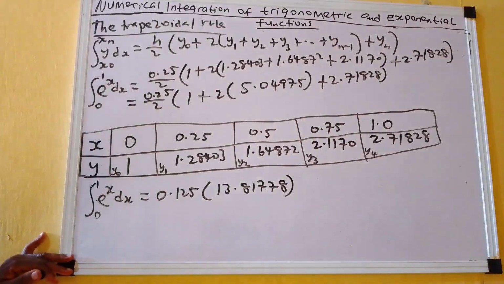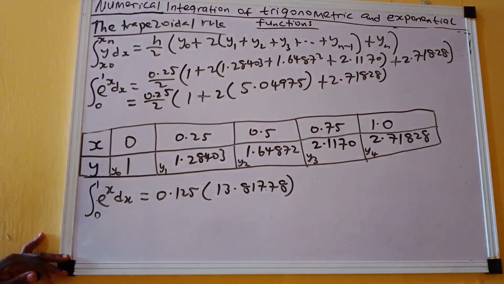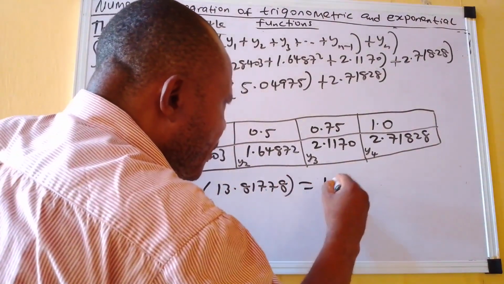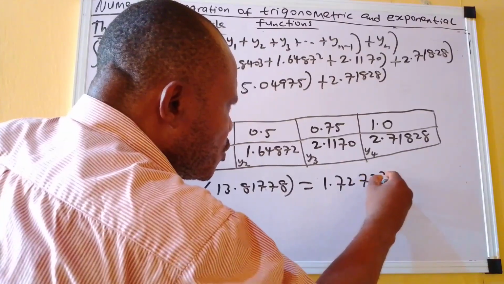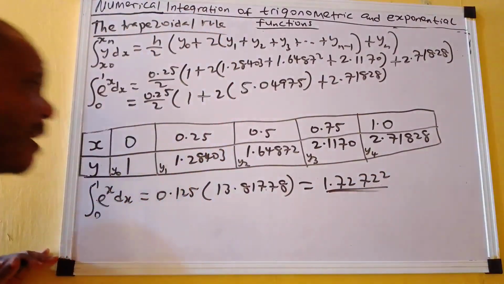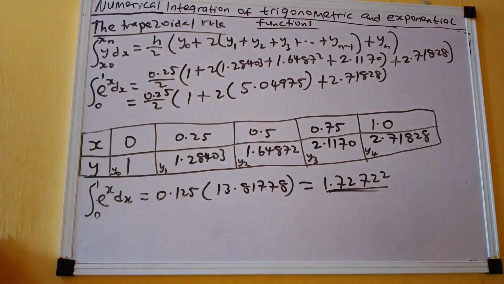And when you carry out that multiplication, you are going to have 1.72722. So this is the answer we have gotten using the trapezoidal rule.